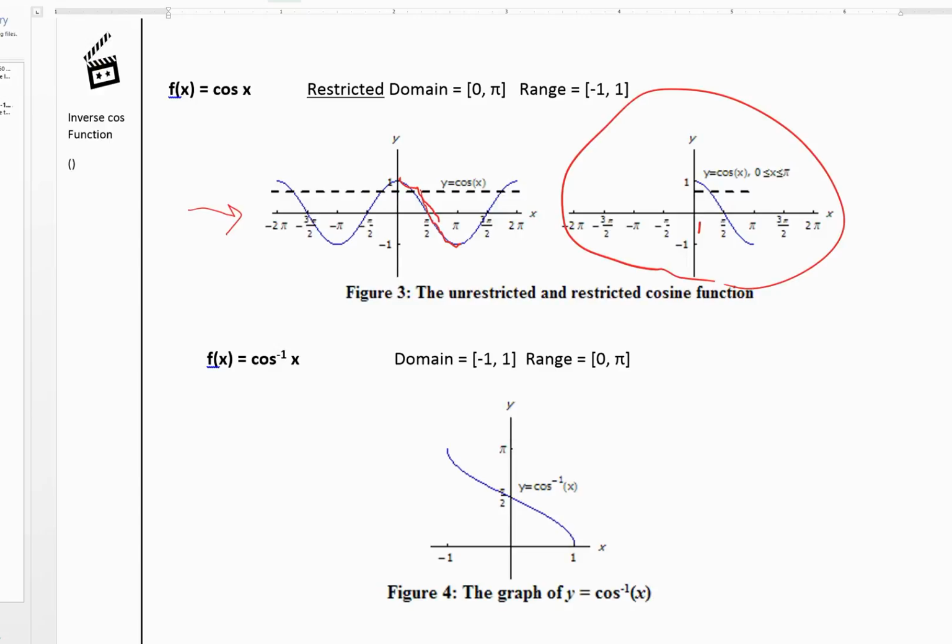So the values out you can get from 0 to pi. Now let's remind ourselves what an inverse function is. Remember, an inverse function kind of undoes the function. If you compose them, you get the identity function. Well, what does that mean? So cosine of x, we put in an angle and we get out a number between -1 and 1.